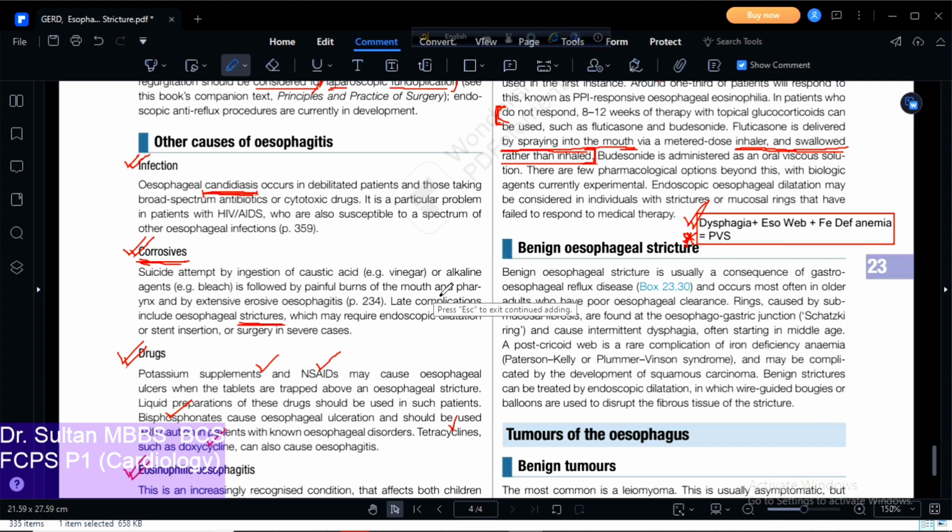So before prescribing these types of drugs, you have to exclude whether the patient has any sort of esophagitis or not. Before prescribing potassium supplement, NSAID, bisphosphonate, tetracycline, doxycycline, you have to exclude that the patient has esophagitis.